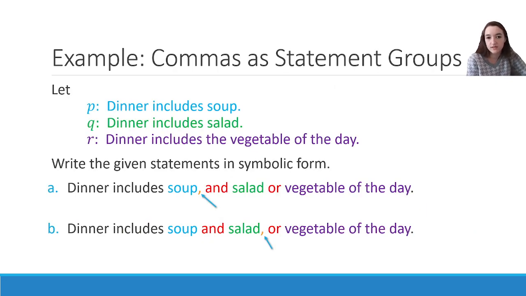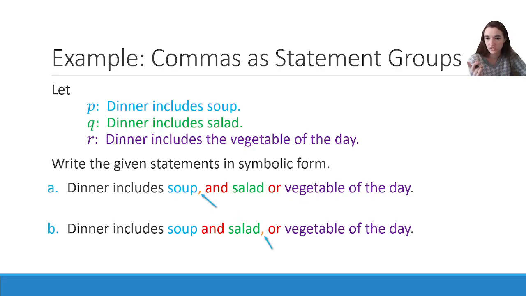So here I have P is dinner includes soup, Q is dinner includes salad, R is dinner includes the vegetable of the day. So, if I want dinner includes soup, comma, and salad or vegetable of the day, versus dinner includes soup and salad, comma, or vegetable of the day, what is the difference between these? The first one has a comma and then the and is after the comma.